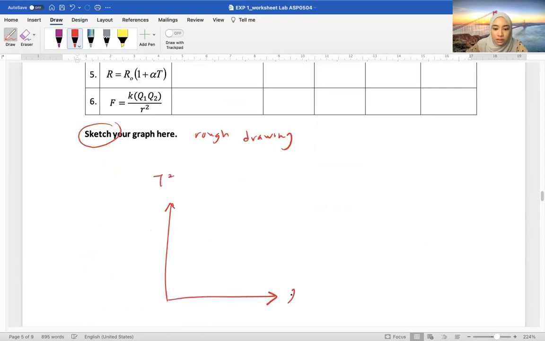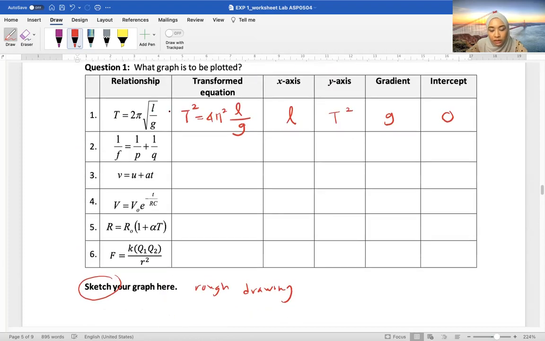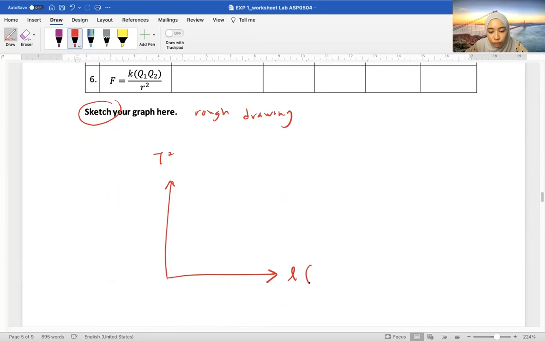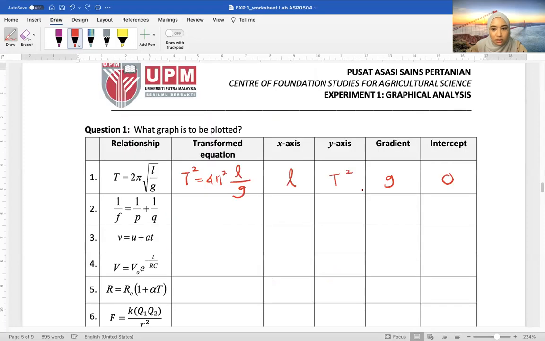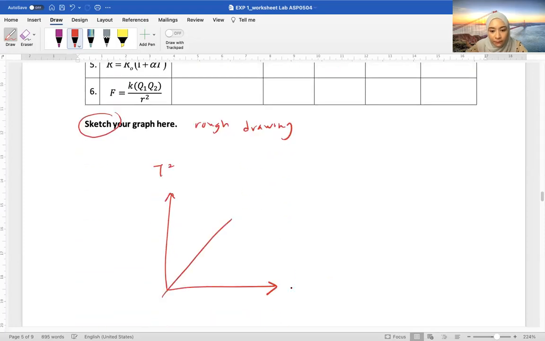T squared versus L. Do we know what T is? We don't know. Do we know what L is? We don't know. So if you know, you have to put in length and meter, the units. But in this case, we don't know what it is. It's just an equation, so you don't have to put it. And then rough sketch, the C is 0, right? The C is 0, so this goes over here like that. Okay, so that is your first one.